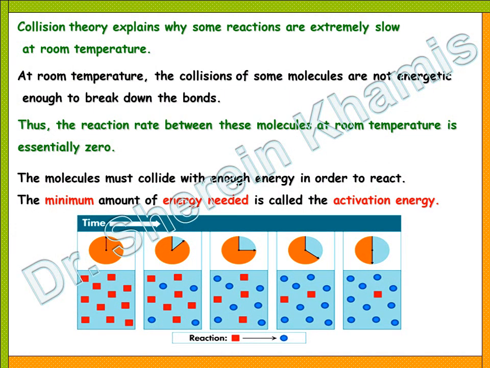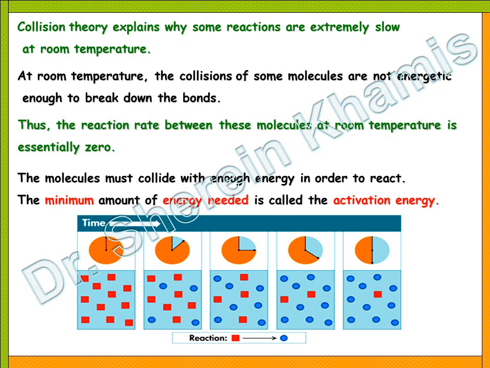Collision theory also explains why some reactions are extremely slow at room temperature. At room temperature, the collisions of some molecules are not energetic enough to break the bonds between the molecules. Thus, the reaction rate between these molecules at room temperature will be zero.